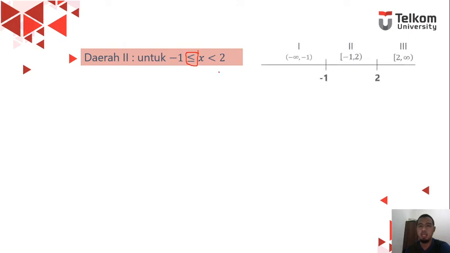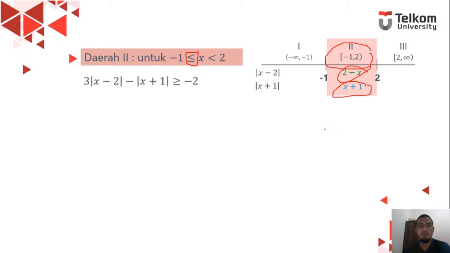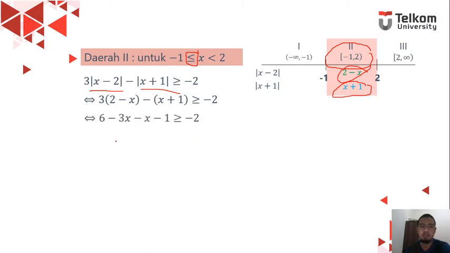In the second area, as we mentioned before, we use 2 minus x and x plus 1. So how do we compute from the previous one? We change this one using 2 minus x, and we change this one using x plus 1. Next, this is the computation: 3 times (2 minus x) plus (x plus 1) bigger than or equal to minus 2.